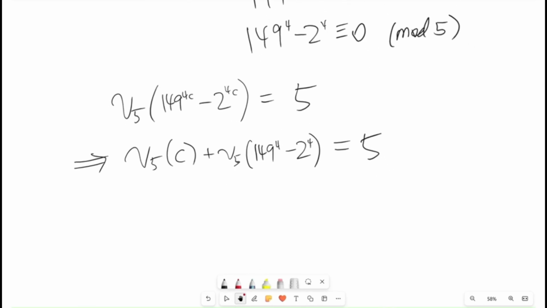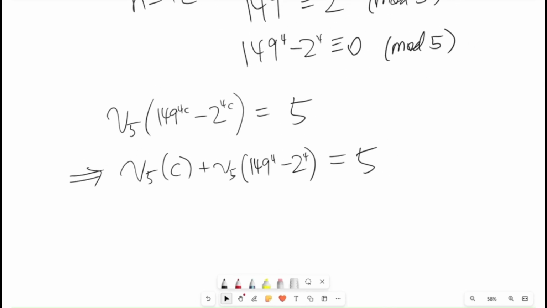And now we just need to find the power of 5 in this expression over here. Well, if we just do a simple check, mod 25, this is not congruent to 0. So therefore, the largest power of 5 that divides this is just 1, because we know that this is indeed congruent to 0 mod 5. So that means V5 of c is just equal to 4.